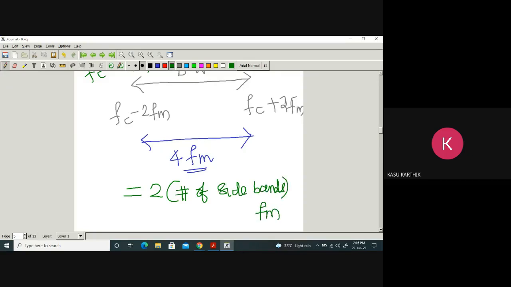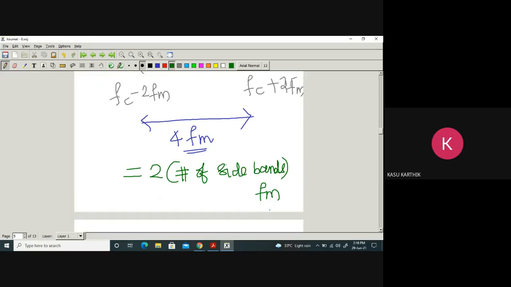Is it not? How many significant sidebands? 2 pairs. We call it in terms of pairs. So 2 into FM, that is 4 FM. If we transmit 3 pairs, obviously 2 into FM, 6 FM.